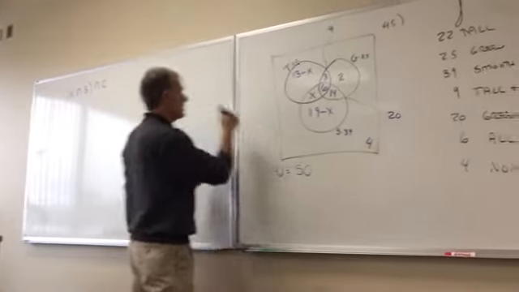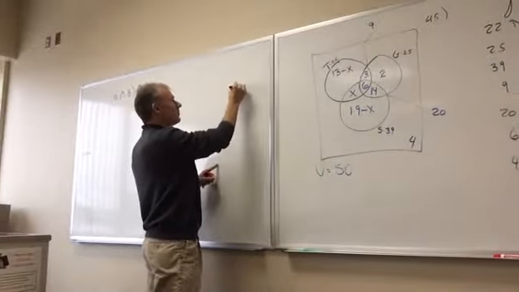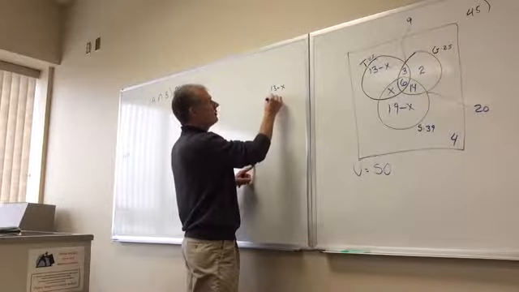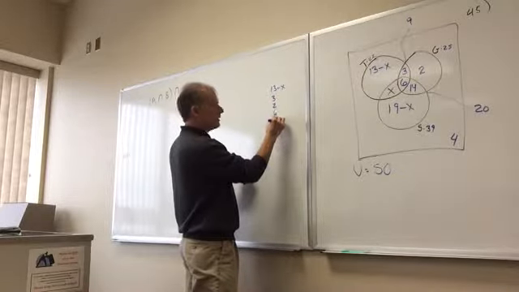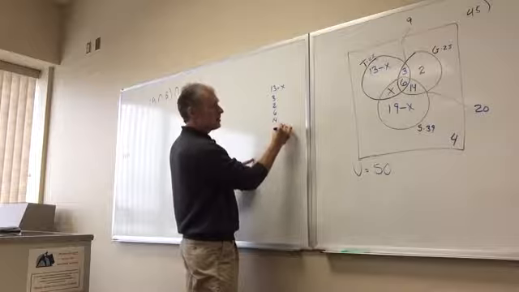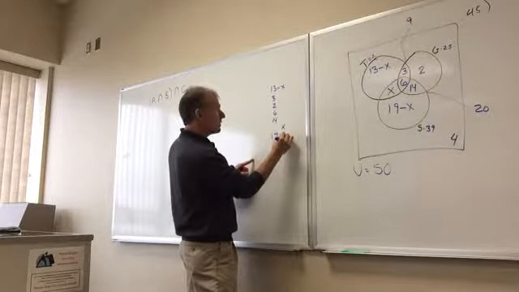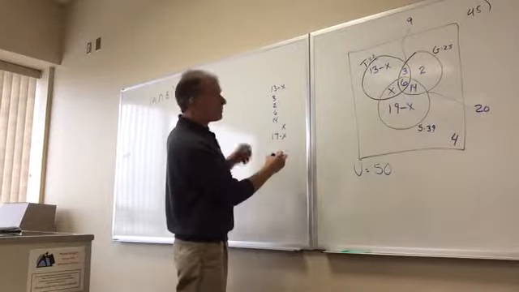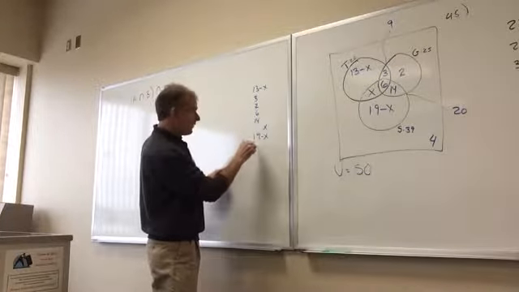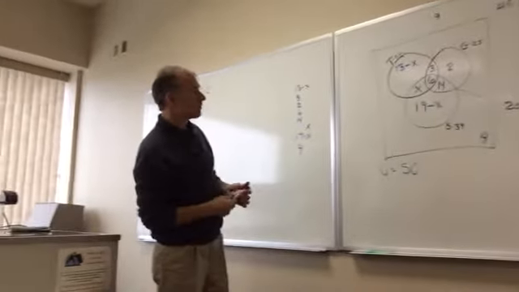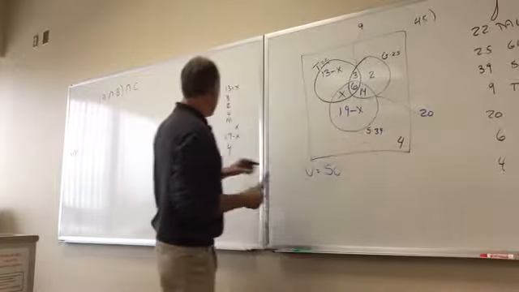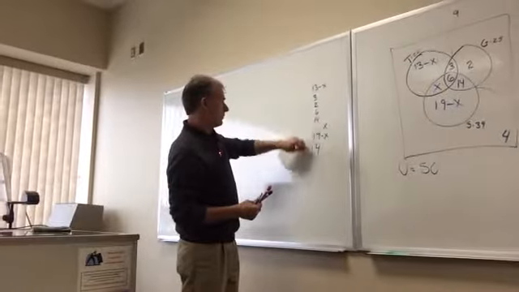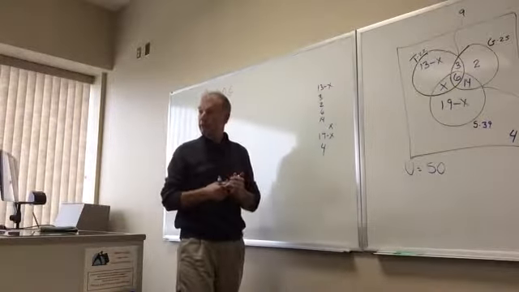And in fact, what we know then is that if I were to add these guys all up, so 13 minus X plus 3 plus 2 plus 6 plus 14 plus X minus 9 plus, let's see, what do I have? 4. Is that everybody? 1, 2, 3, 4, 5, 6, 7, 8. Yeah, there we go. You agree?